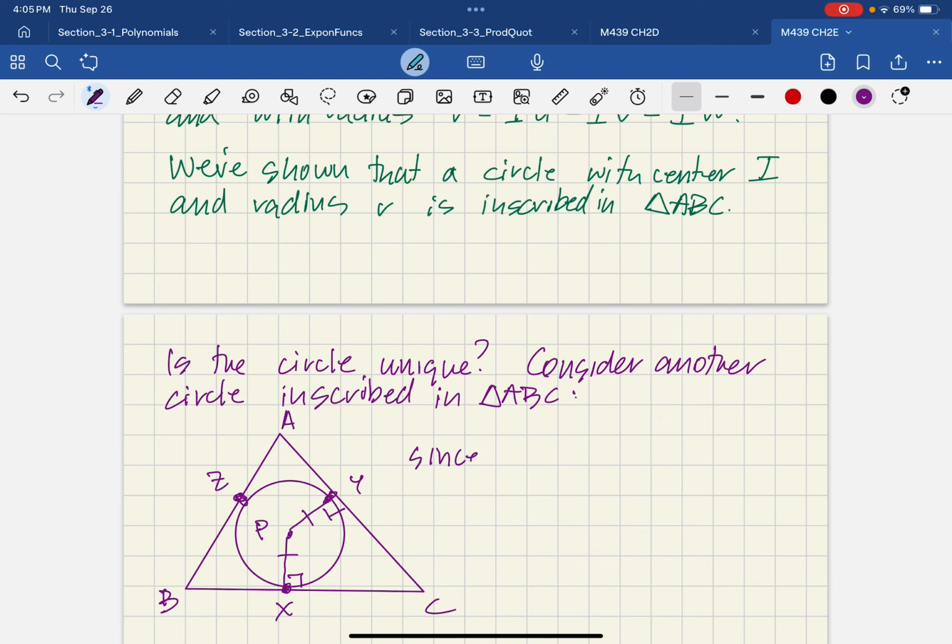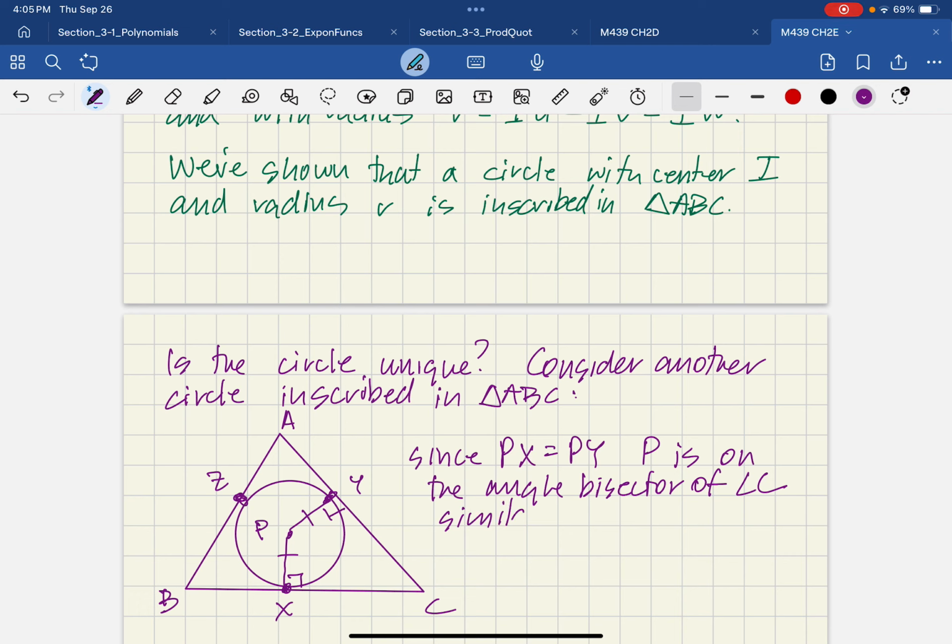So since PX equals PY, P is on the angle bisector of angle C. And we can kind of play the same game.